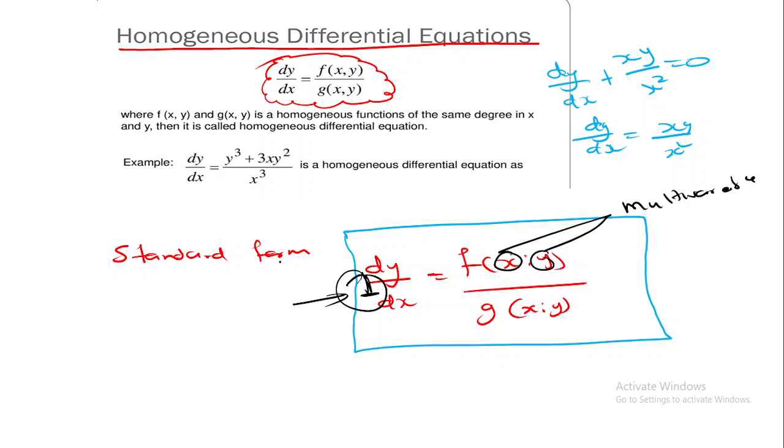So what exactly is this term homogeneous? When you talk about homogeneous of the same degree, what exactly are we talking about? Number one, when you talk about same degree, we're referring to equal exponent.